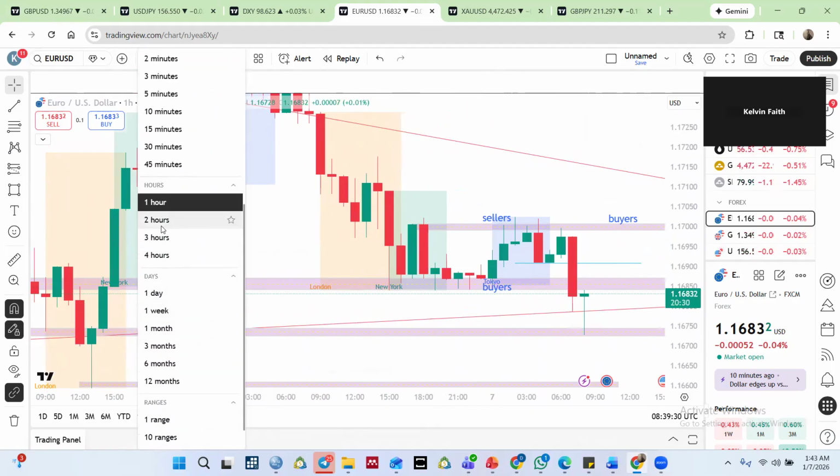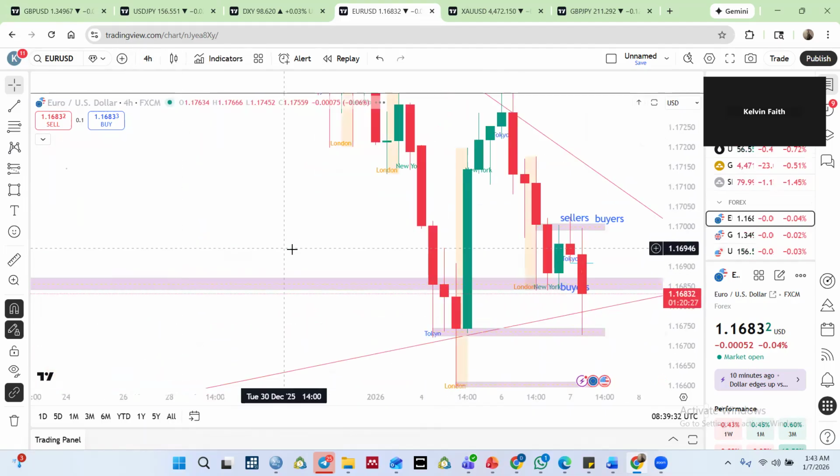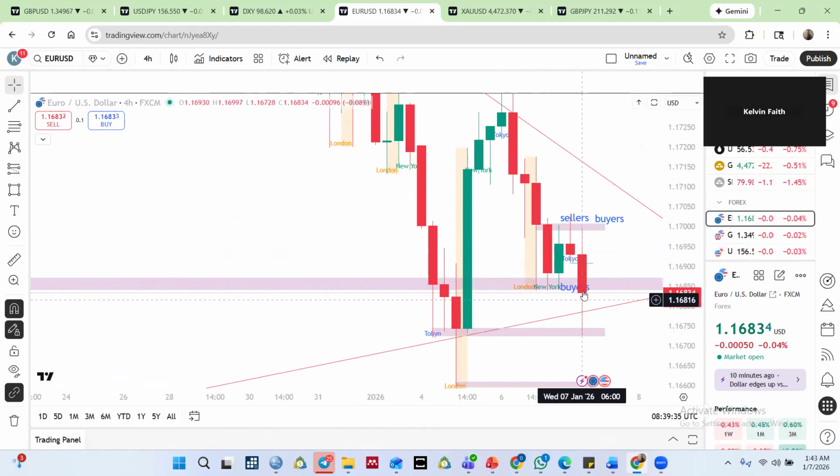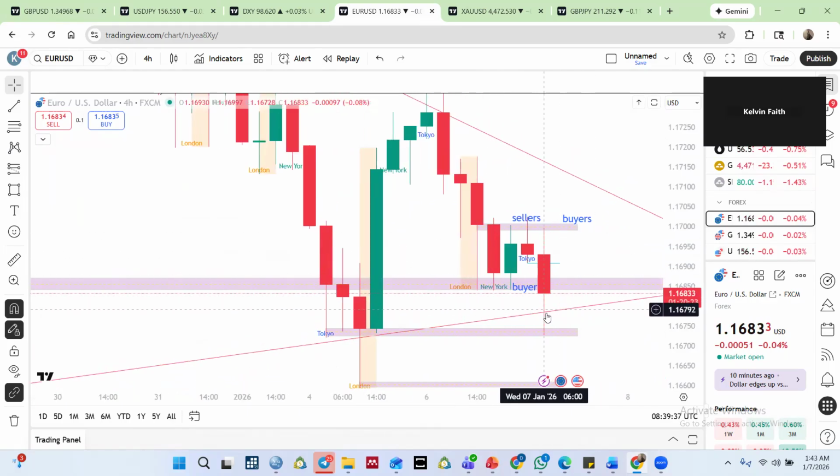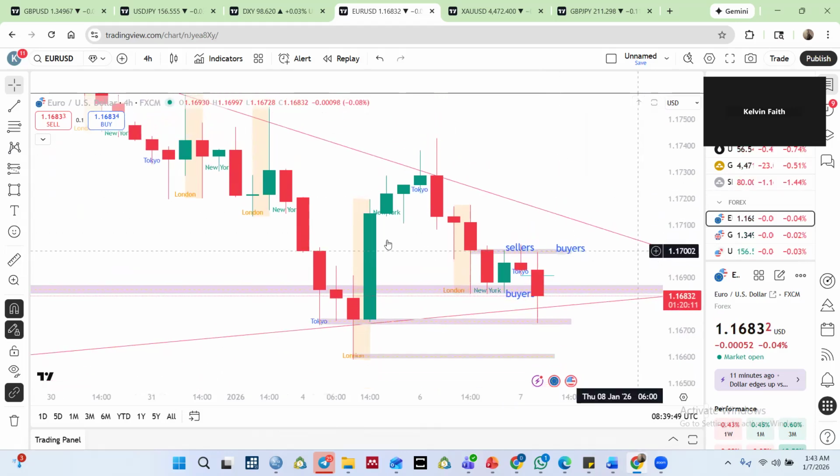The 4 hour is still a bearish candle. It might still push up. If it pushes up and rejects and points up, then that's going to be a good story. But let's see.